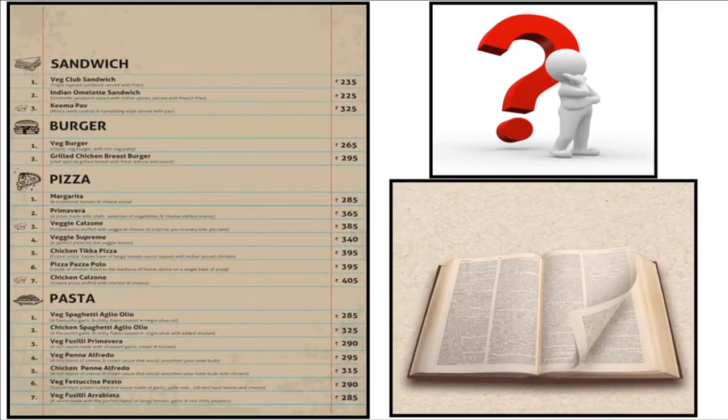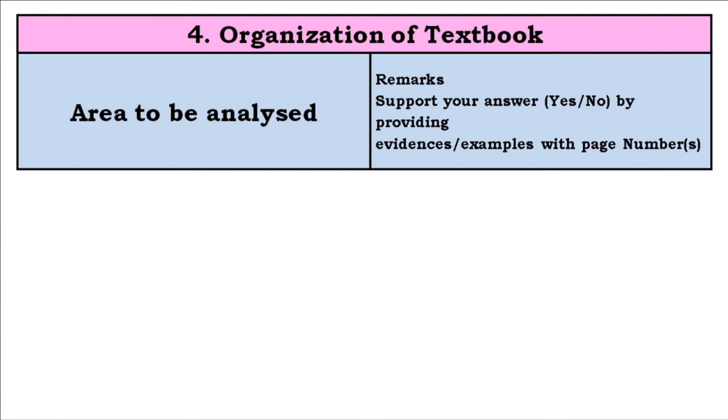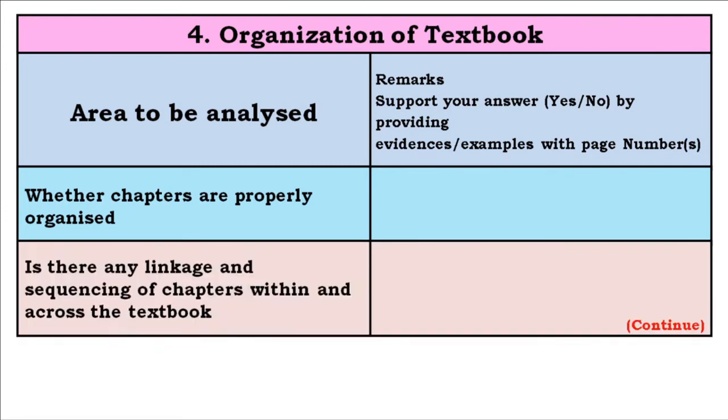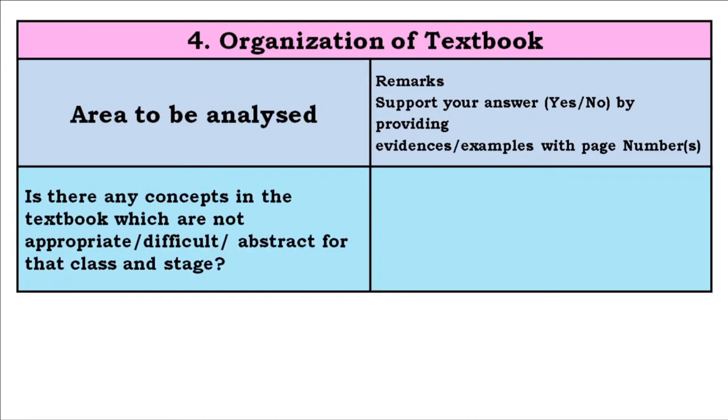The fourth component which we will discuss is the organization of the textbook, and the important areas which need to be analyzed are whether chapters are properly organized, whether there is any linkage and sequencing of chapters within and across the textbook, whether there is any concept in the textbook which is not appropriate or is difficult or abstract for that particular class and stage.